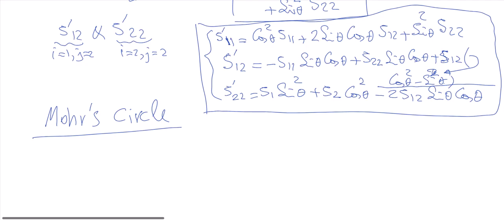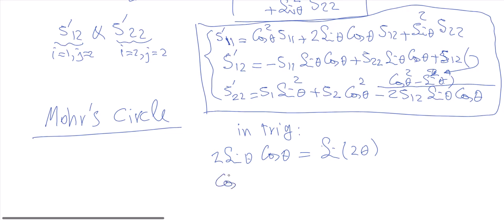And from trigonometry, we know that these things can be written in terms of 2 theta. For example, in trigonometry we have 2 sine theta cosine theta is equal to sine 2 theta.